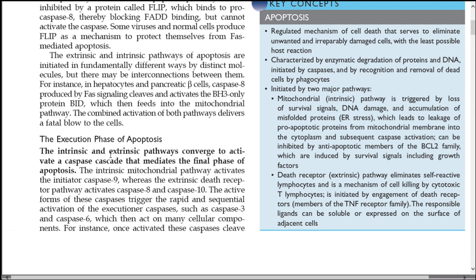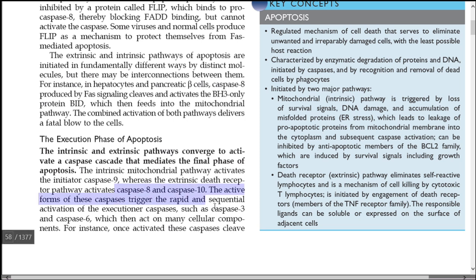Next, in the execution phase of apoptosis, both intrinsic and extrinsic pathways join together to activate a caspase cascade that will mediate the final phase of apoptosis. The intrinsic mitochondrial pathway, we know, activates initiator caspase 9, whereas the extrinsic death receptor pathway activates caspase 8 and caspase 10.